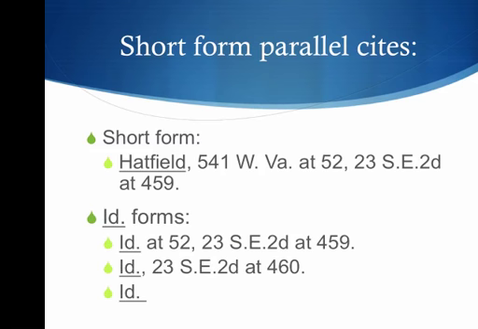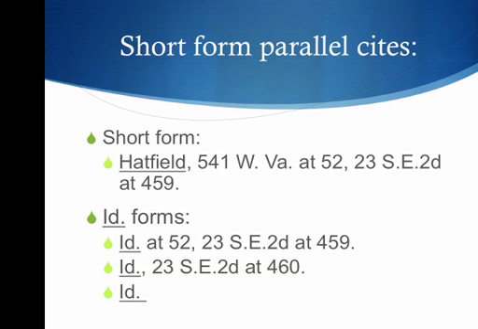The id forms can take a couple of different formats. If you want to use an id form where you need to clarify the page or have a change in page number, the id only applies to the first cite provided in the parallel cite. So here, id at 52 still leaves me with a comma and having to repeat the volume, reporter number, and at pin cite.